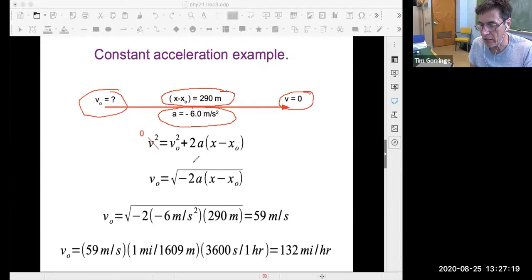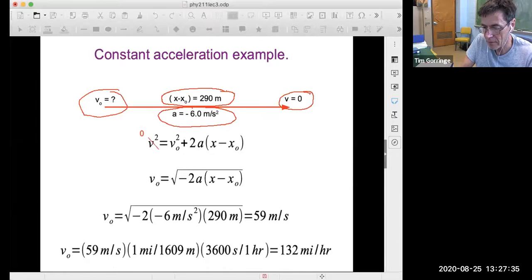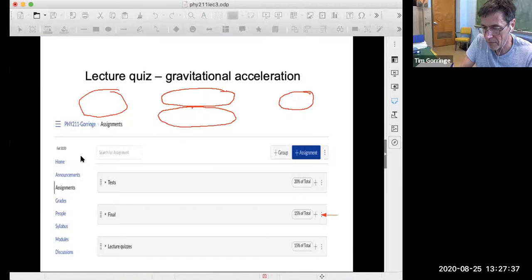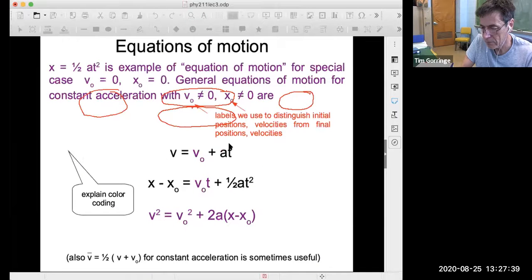And so we want an equation of motion that we can use to solve for the initial velocity. If we glance back at the equations of motion, here they are. We want to consider these equations.